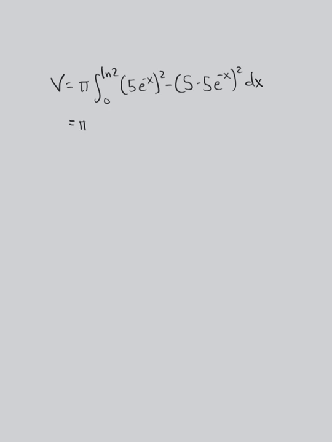So we got pi. We just need to get some stuff multiplied out here before we can even start thinking about antiderivatives. We've already talked about this one. This is 25 e to the negative 2x. Now we're subtracting, but then we got a square. If you don't know the squaring formula, just remember you multiply this by itself. You could distribute it or FOIL it out.